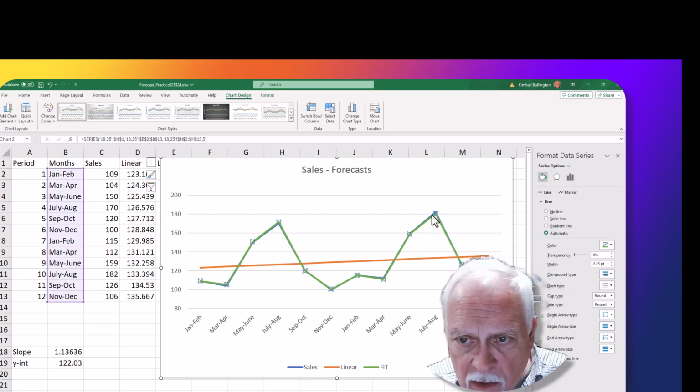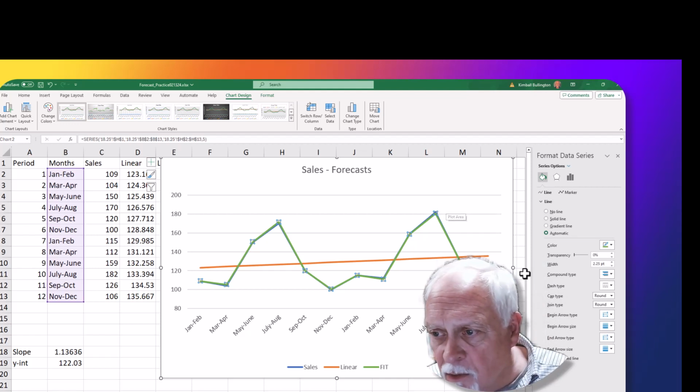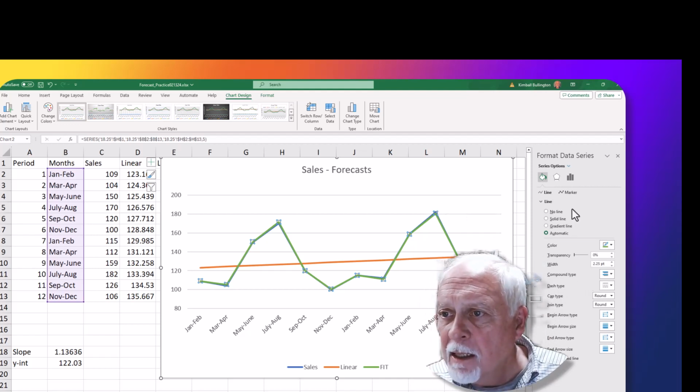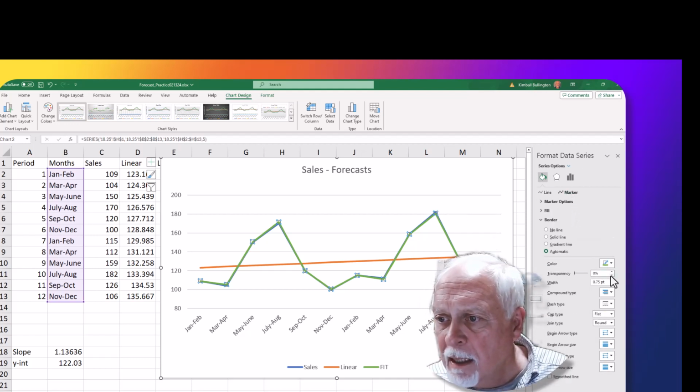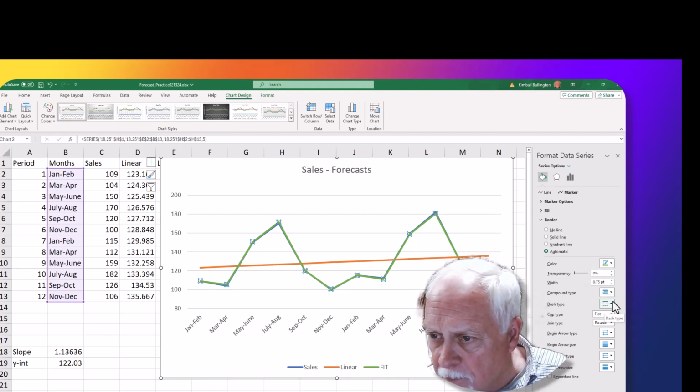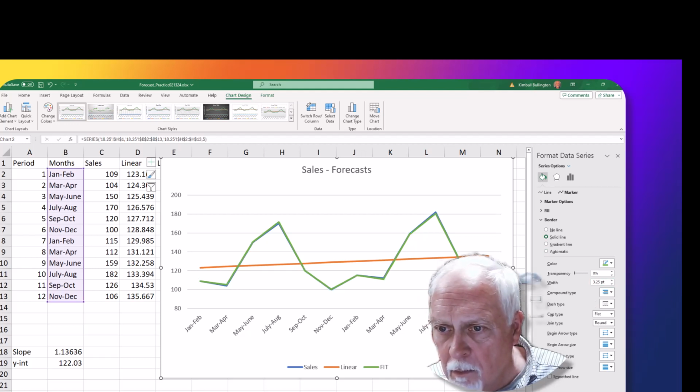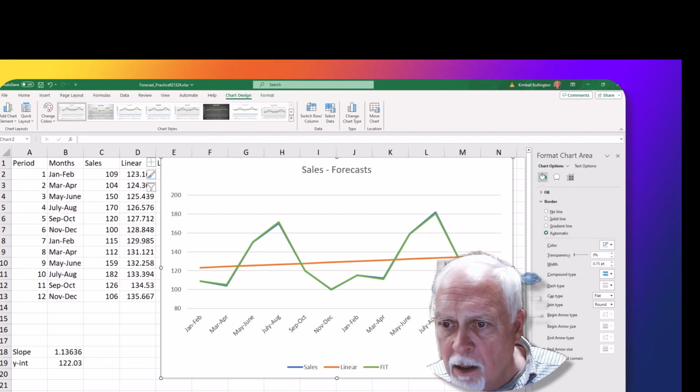I'm not sure which one I'm looking at here. Let's look at the markers and let's make them bigger. That didn't do it.